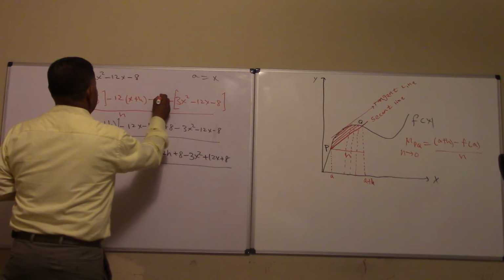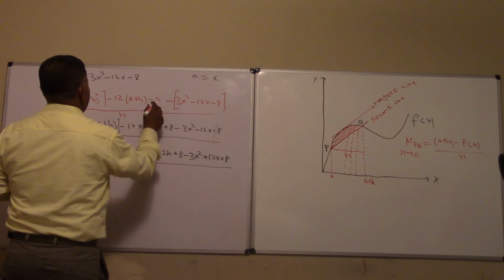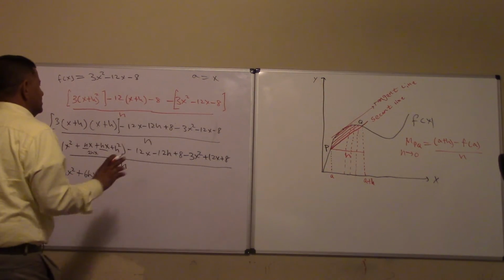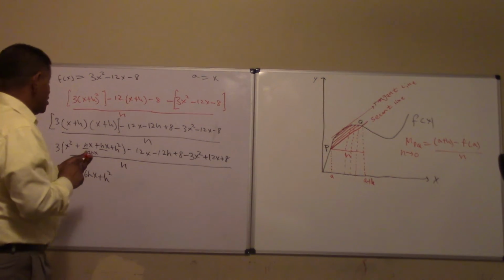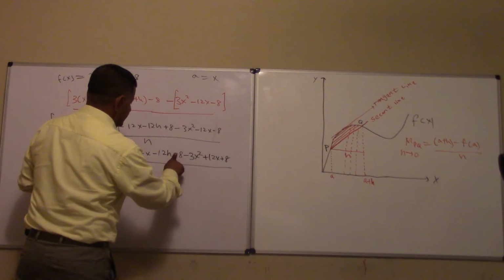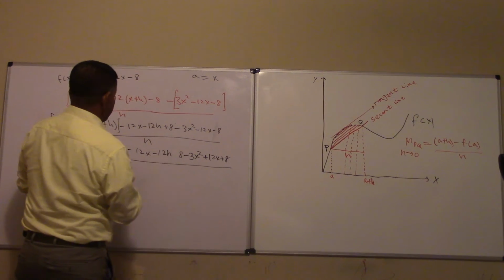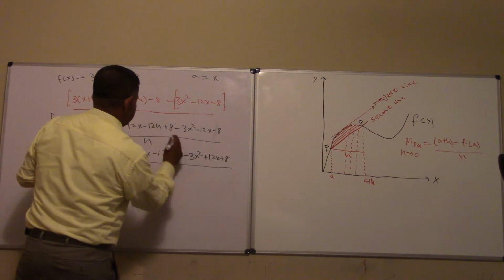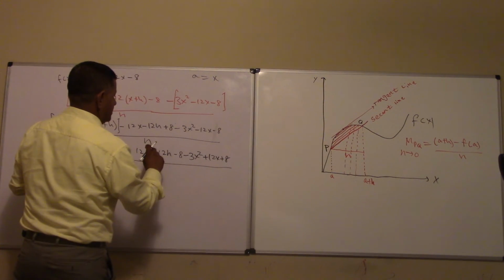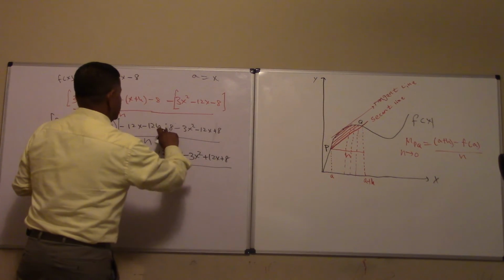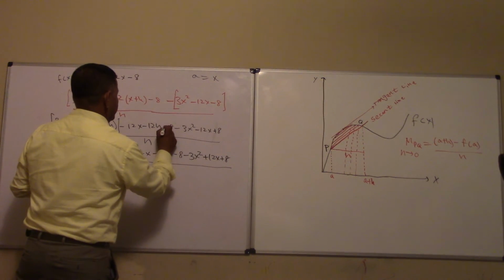So I won't bother putting a bracket now because that creates confusion. Here, this becomes a negative, this here is a positive, and this here stays a negative, right?